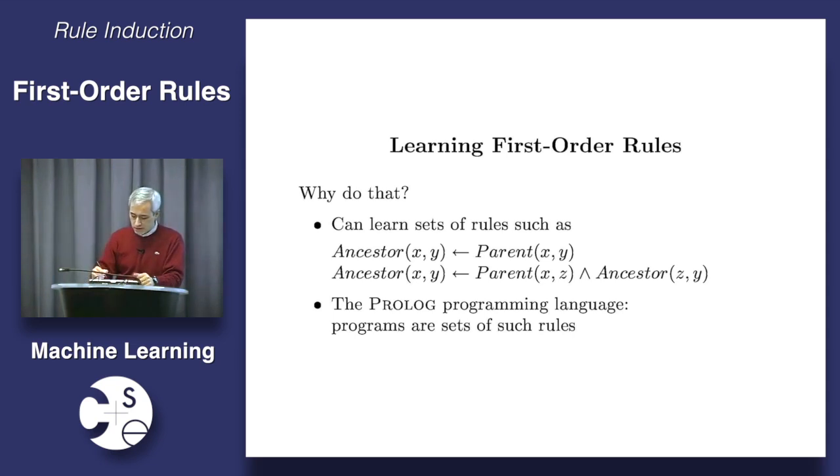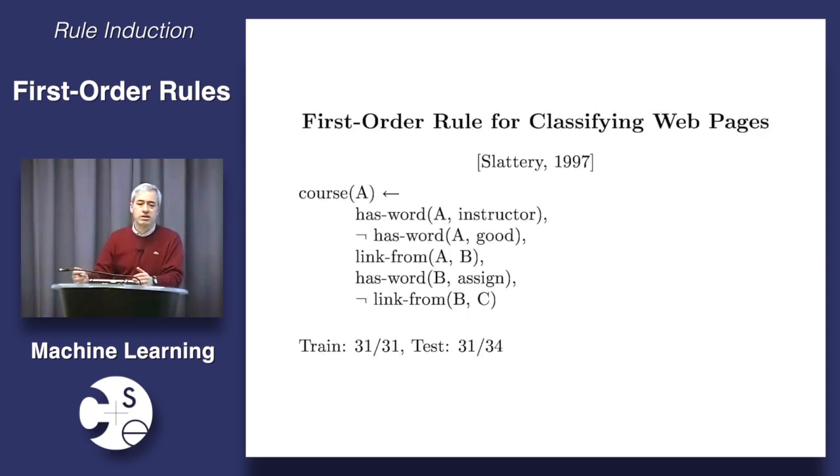Okay? Now, of course, this is a trivial little example, right? Just family relationships. What's a more realistic example of this? Why do we care? Here's actually a real example of the type of first-order rule that you can learn. Let's suppose that you want to do the ever popular thing of classifying web pages. You might want to classify web pages by what topic they're on, by what kind of object they represent.